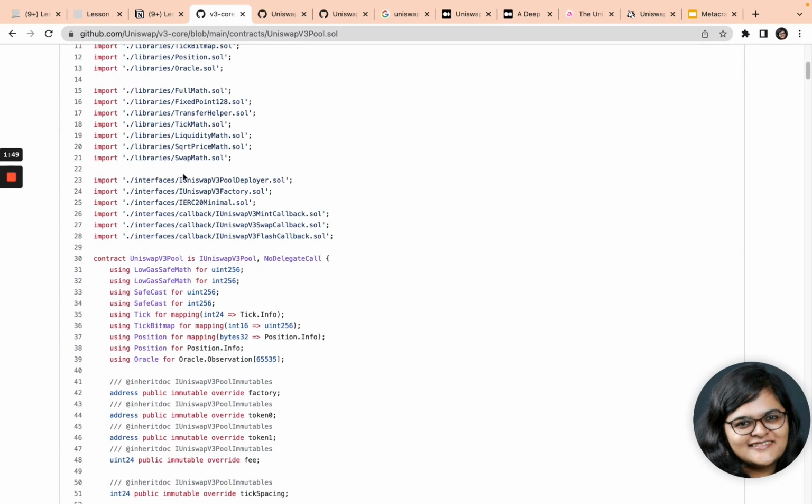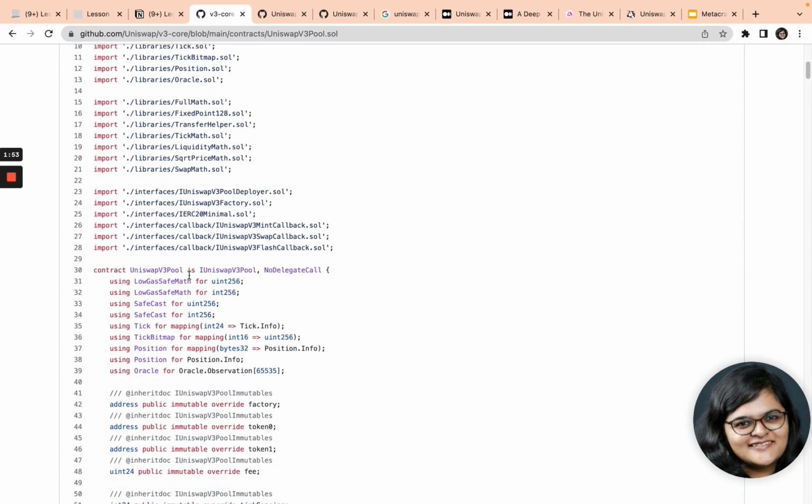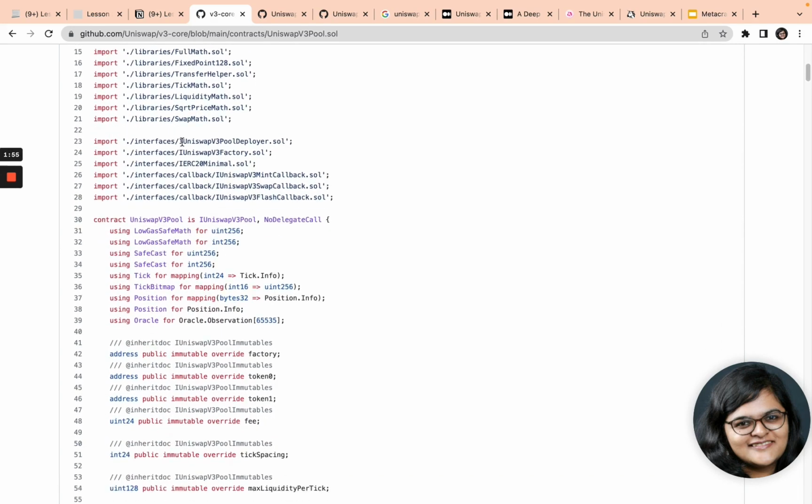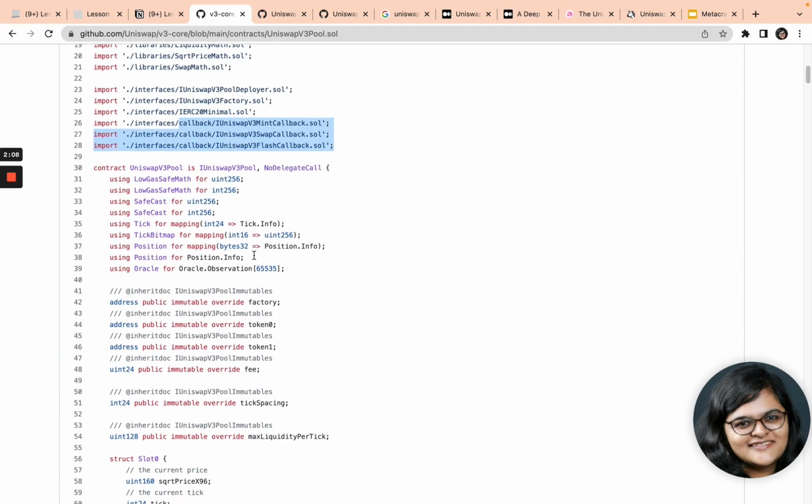Even though it is written, it may not be written from scratch. Some of these are interfaces, like you have the pool deployer, the factory itself, and then the IERC20 minimal. There are callback interfaces as well.